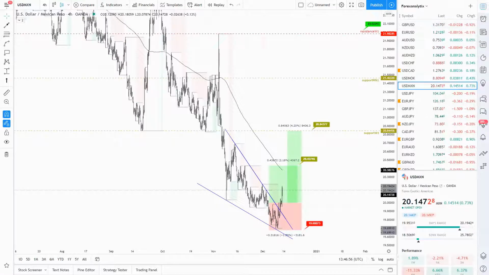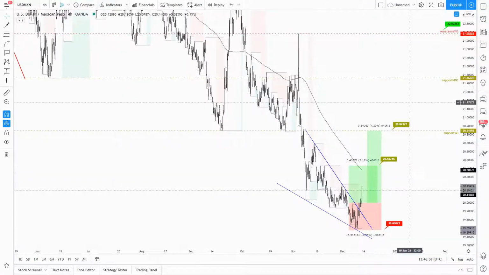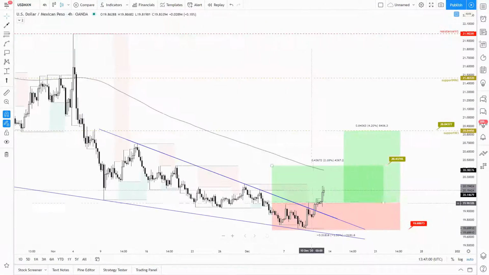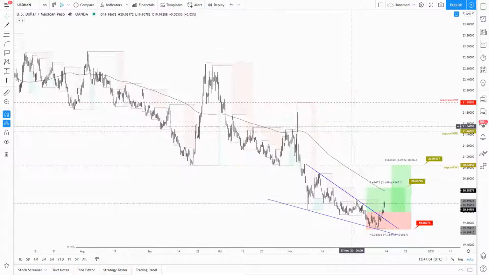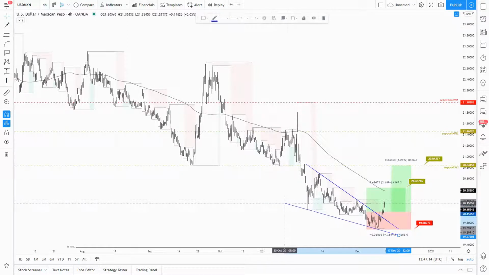Mexican peso, another one that I have decided to share among my subscribers. The violation of this descending wedge, clear one. So I decided to trade based on the structure, not on any specific Fibonacci level. This is not an harmonic pattern. Obviously, this is just one descending wedge.